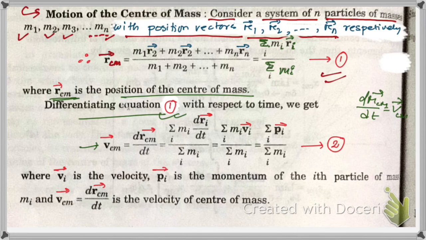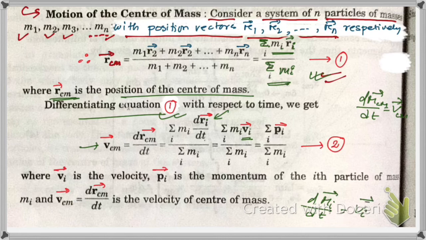So the velocity of the center of mass is given by d r_cm by dt, right? And that r_cm we have obtained from equation number 1 is the summation of mi ri by the summation of mi. If you use that relation here, then you will get the summation of mi d ri by dt, right? And d ri by dt is going to be vi. ri is the position vector of the ith particle, so if you differentiate it with respect to time, you will get the velocity of the ith particle.